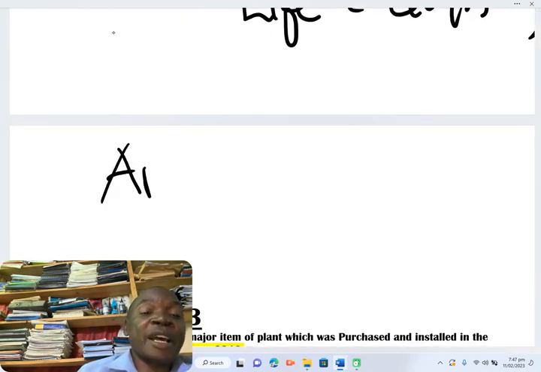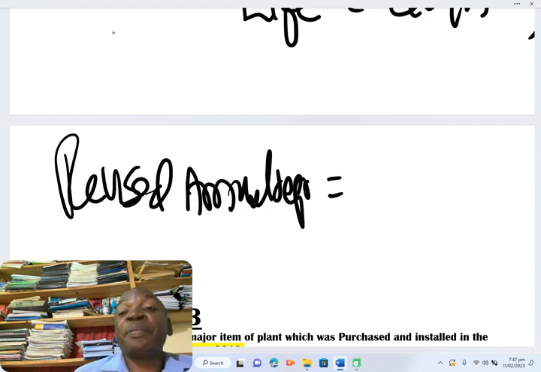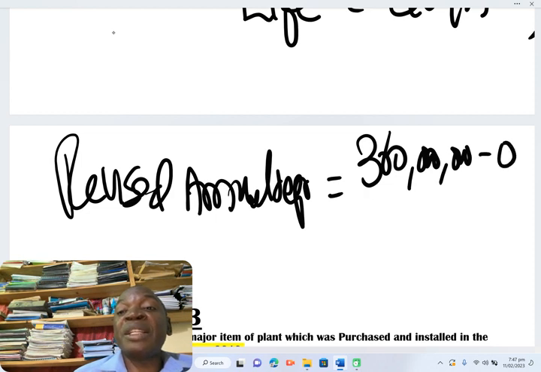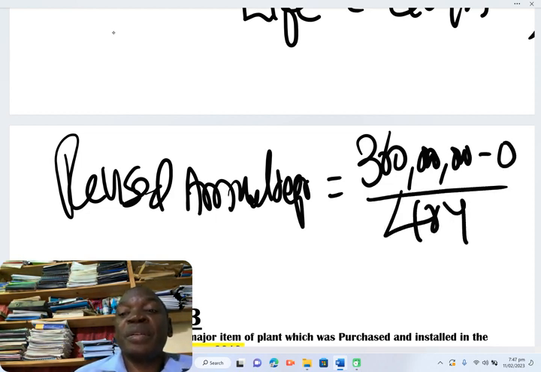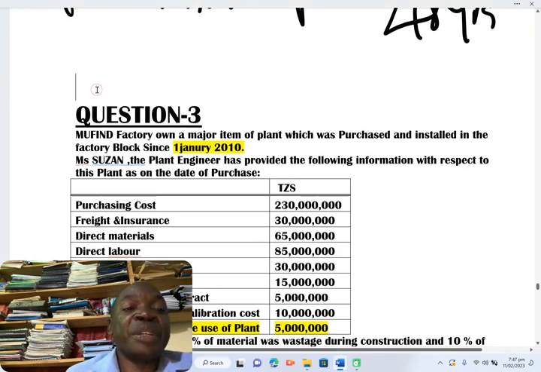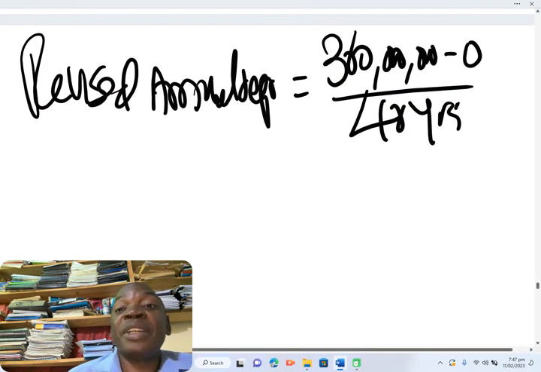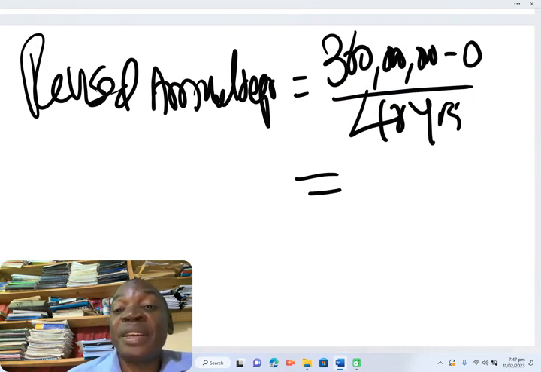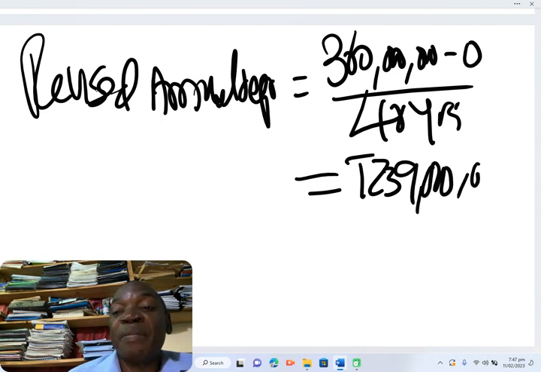So revised annual depreciation is 360 million minus 0 divided by what? 40 years. What is the revised annual depreciation? It is now 9 million.